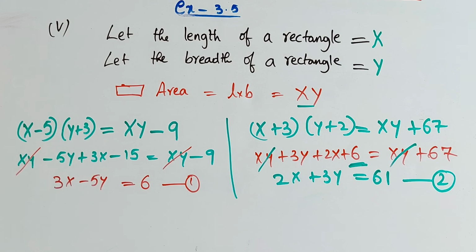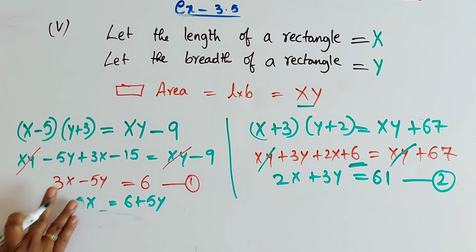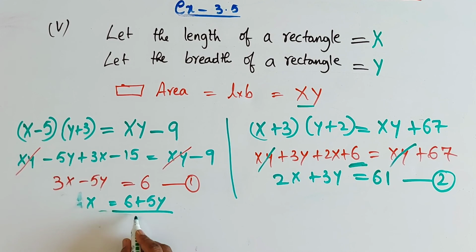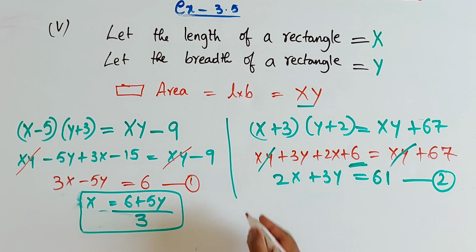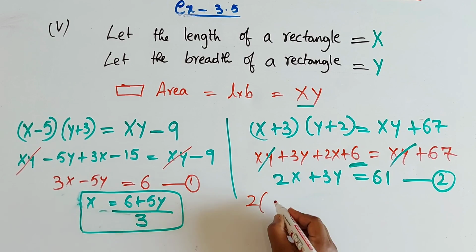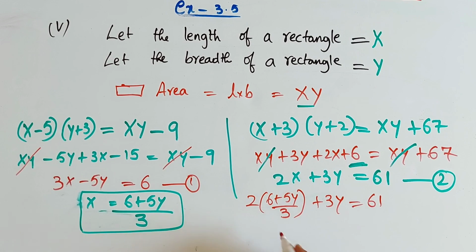Now we have to solve these two equations by the substitution method. From the first equation we can write 3x equals 6 plus 5y, children. But we want only the x value, therefore x equals 6 plus 5y by 3. Now substitute this x value in the second equation. Correct, children? 2 into x means 2 into 6 plus 5y divided by 3, plus 3y equals 61. Correct?